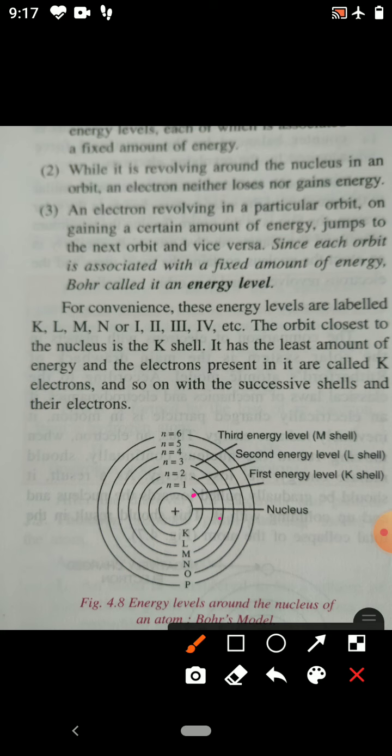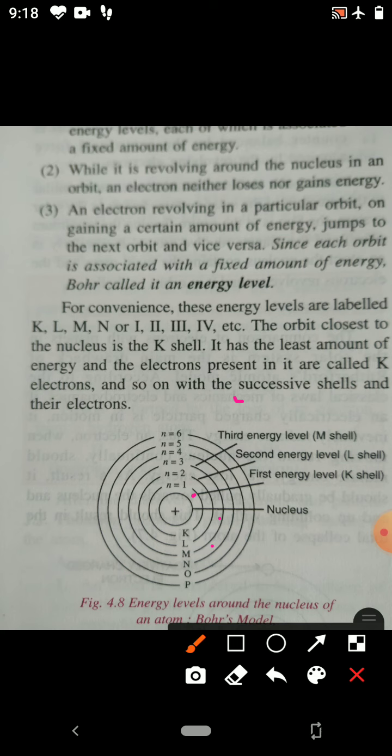They are represented by K, L, M, N, O, P. These are represented by integers 1, 2, 3, 4. The first energy level is close to the nucleus, and the second energy level is after the first. The third energy level is after the second.